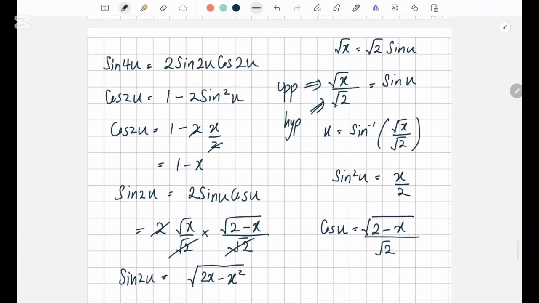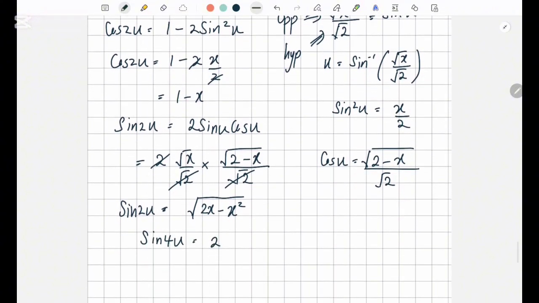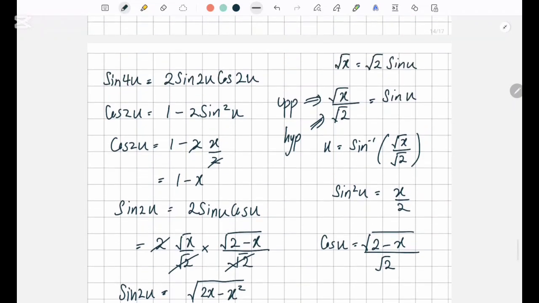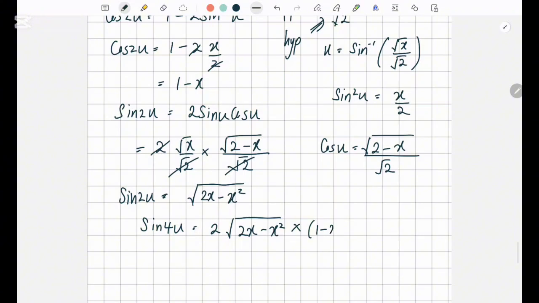So now you can write sine 4u equals 2 into root 2x minus x squared into cos 2u, which was 1 minus x.